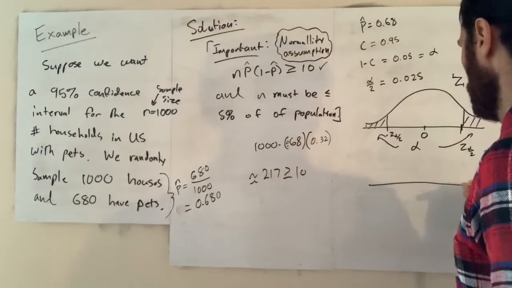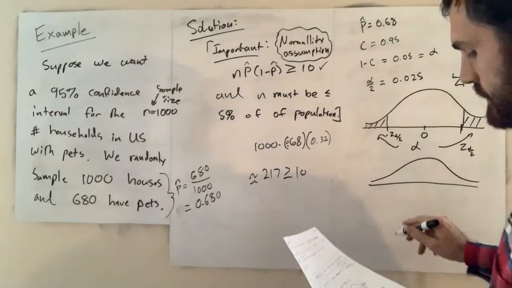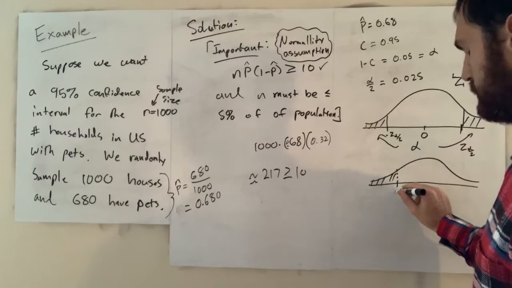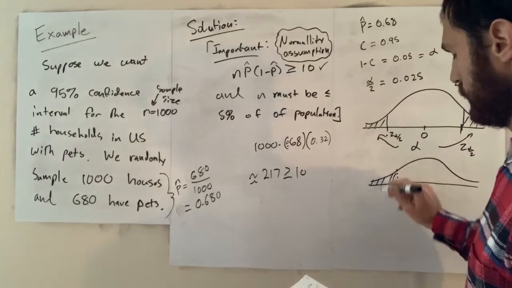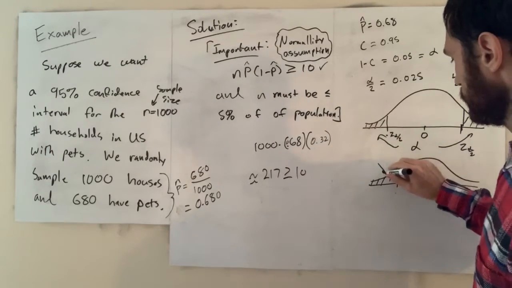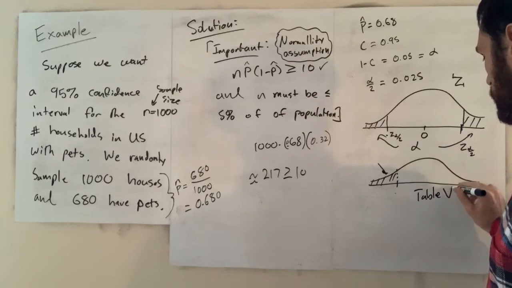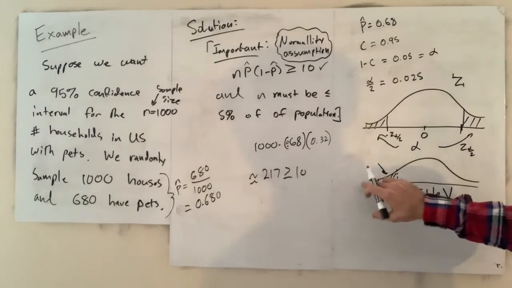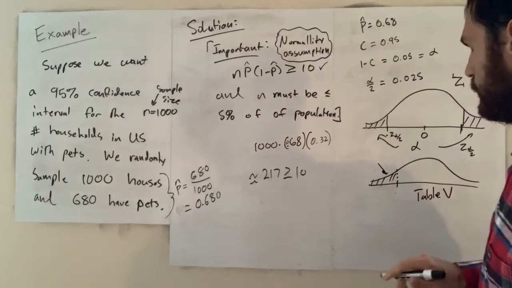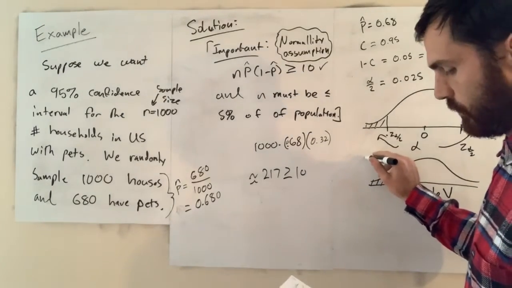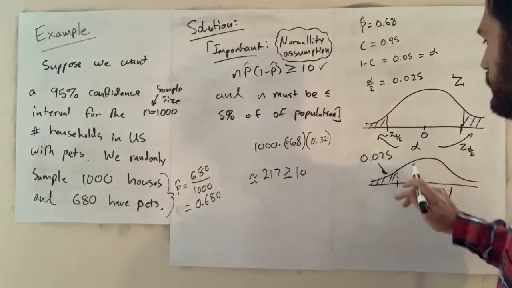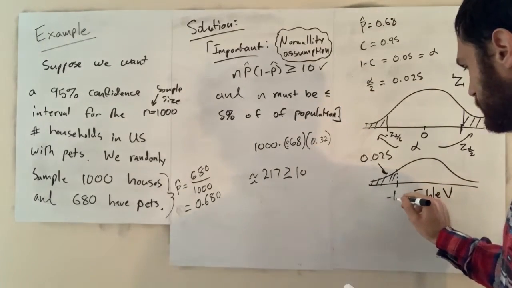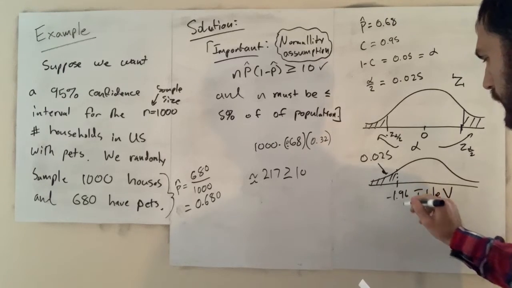And so if I look at table 5, which tells me a correspondence between z values and area to the left of that z value, well, if I look up and I say, well, I want this area to be 0.025 because there's symmetry there, then it's going to tell me that this is going to be about negative 1.96.